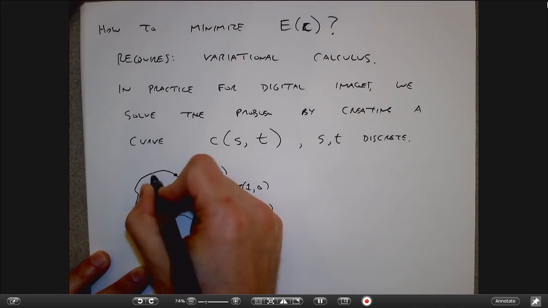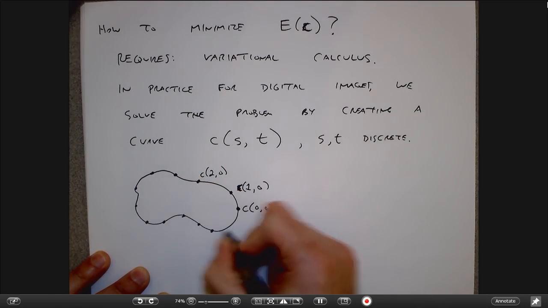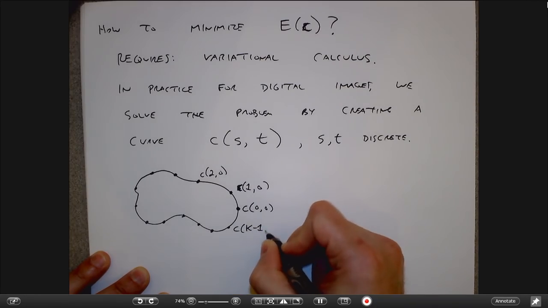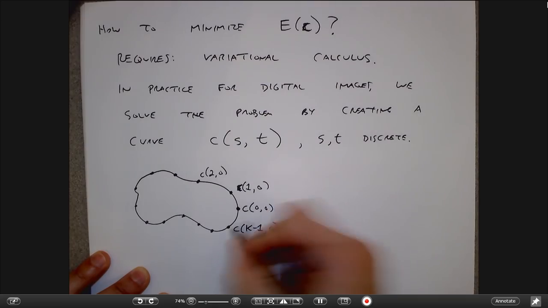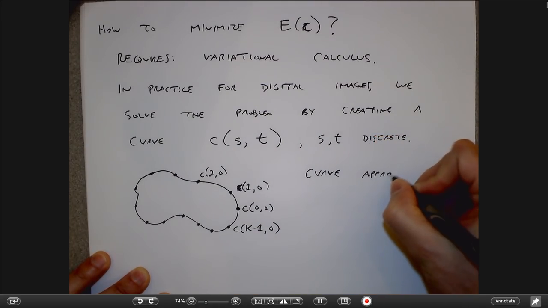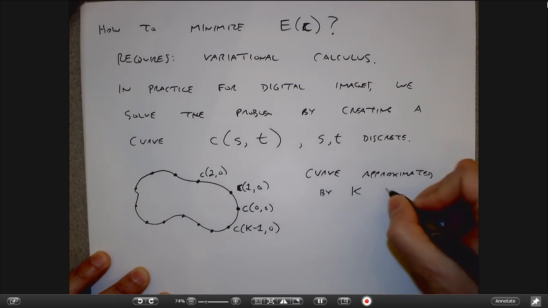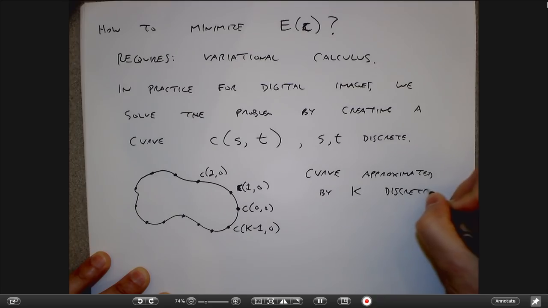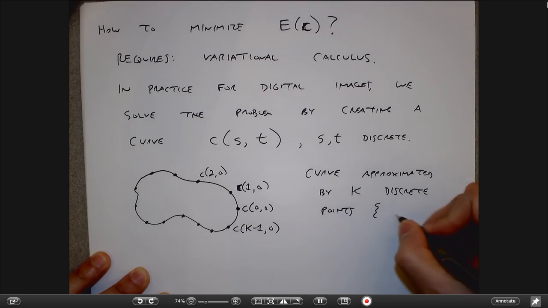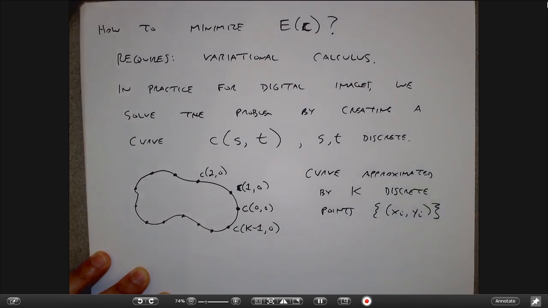All I'm doing is approximating the curve by a set of points around the contour. Let's say I've got k minus 1 points.